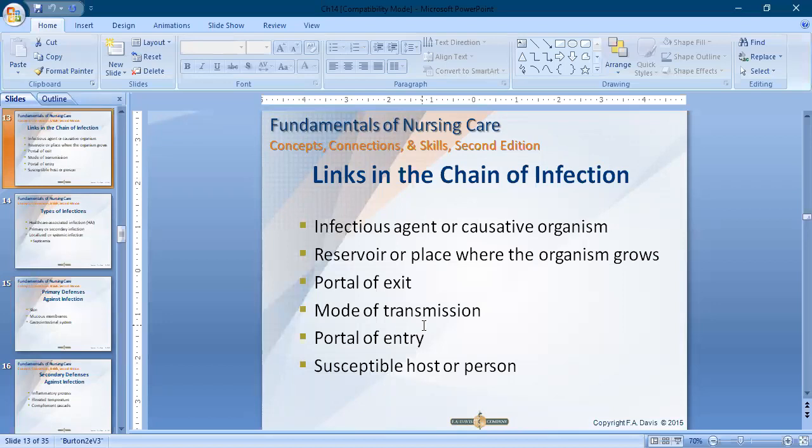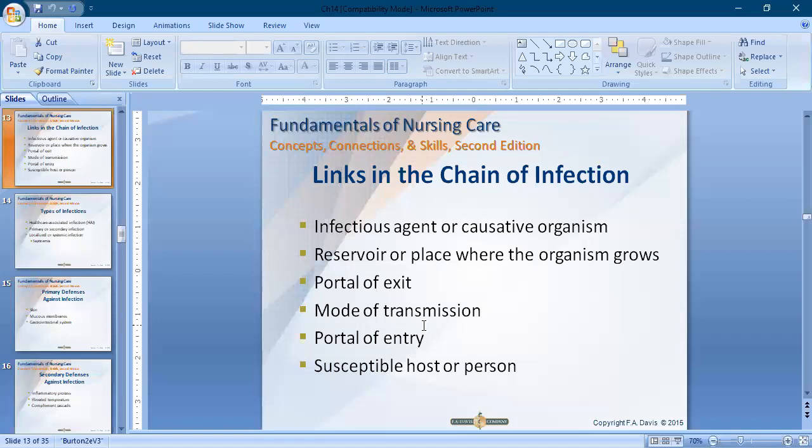When hands are visibly soiled, before eating, we should wash the hands. After using the restroom, we have to wash our hands. After contact with blood or fluid, we have to wash the hands. And the board asks an easy question. Before you touch your patient, you have to wash your hands. After you finish your procedure or touching the patient, you have to wash your hands.